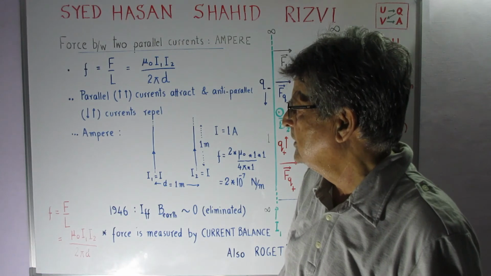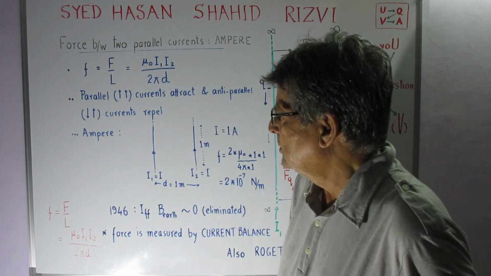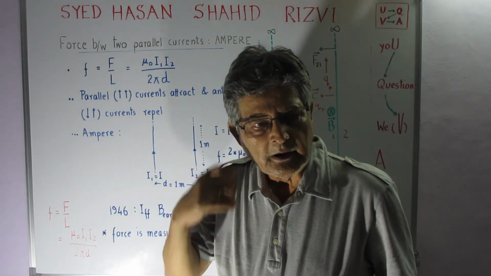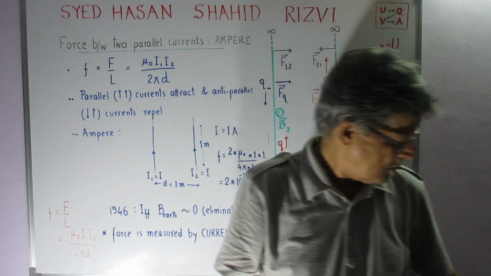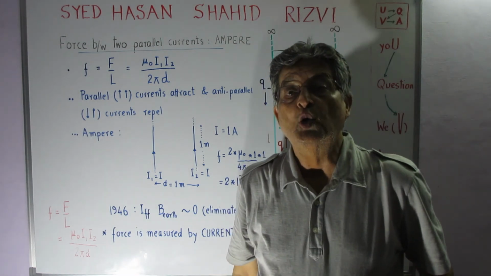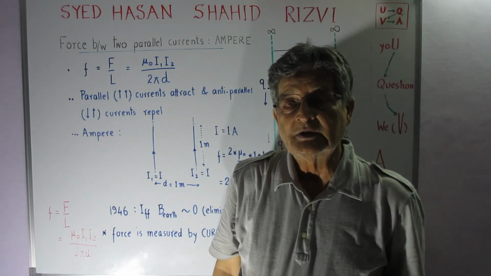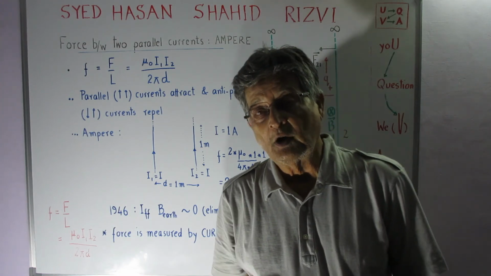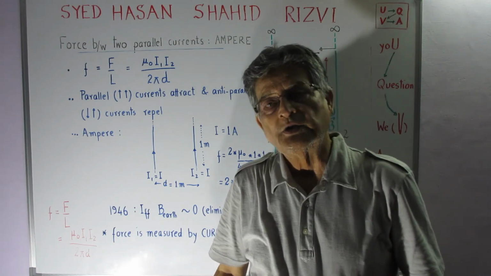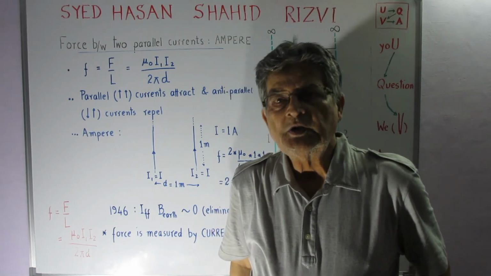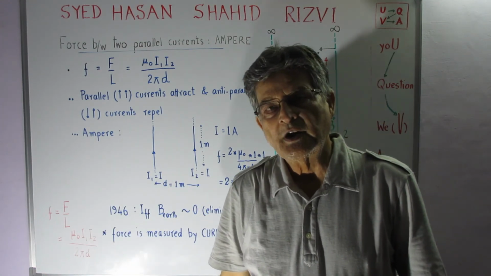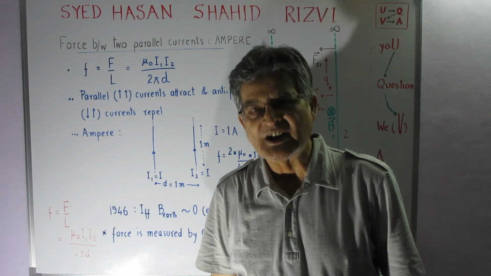And next we learn about more things in the next lecture, and particularly about what we call torque on a current loop. That is the genesis of what we call, when the torque is there, then there is a rotation, etc. Genesis of galvanometers, ammeters, voltmeters, all those instruments, all those jahaz that we have.